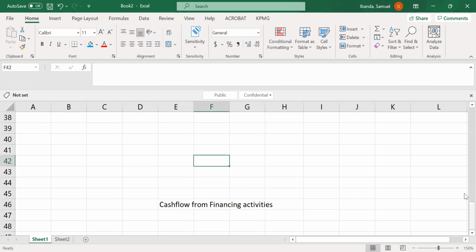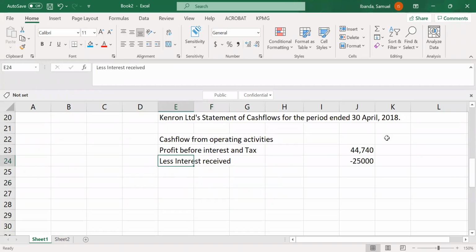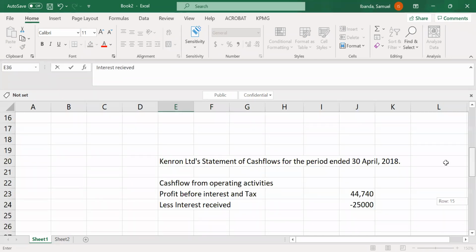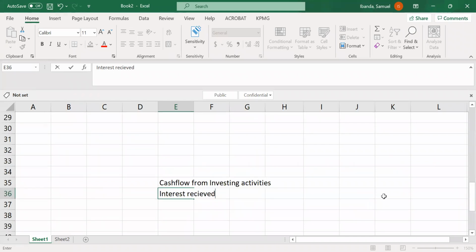So like I've said, this interest that I'm removing here is interest that I'm going to put under here. Cash flow from investing activities will have its first item as interest received, which is 25,000.